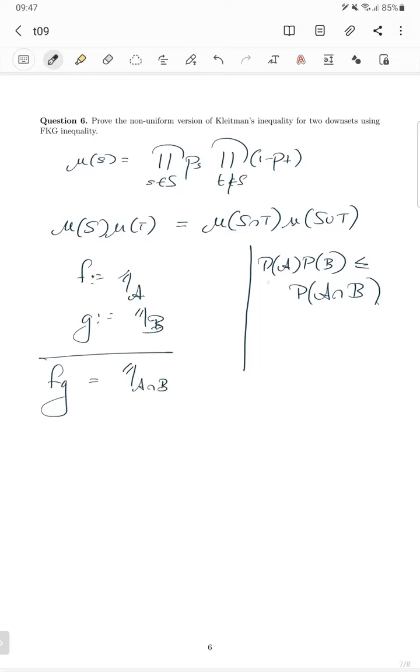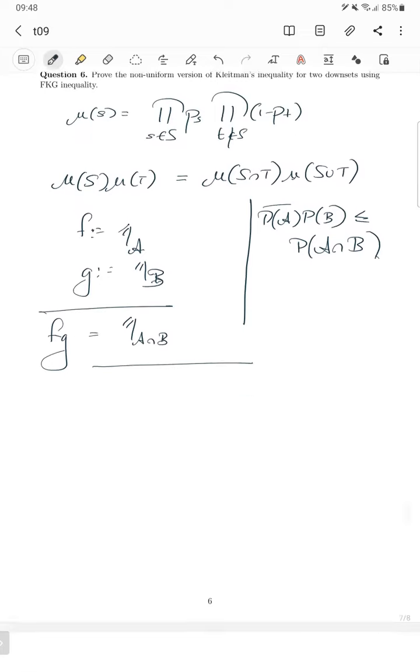And then the expectation of a characteristic function is nothing but the probability of the underlying set. So again, I'll only explain more if somebody has a doubt. Otherwise, it's only being careful here.